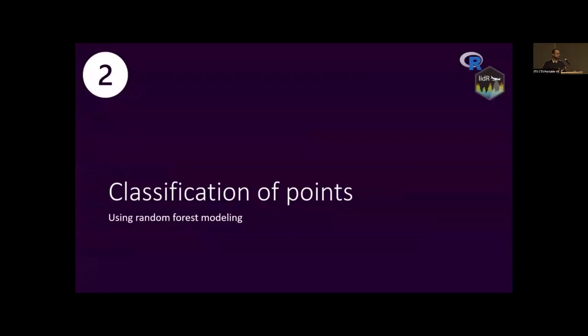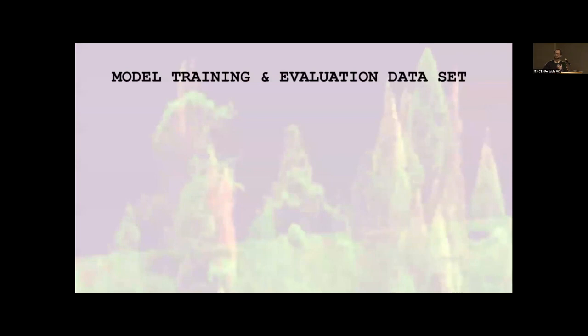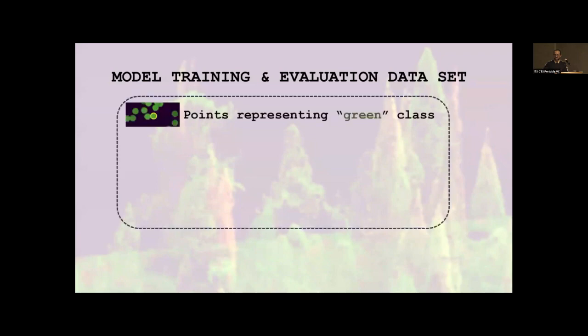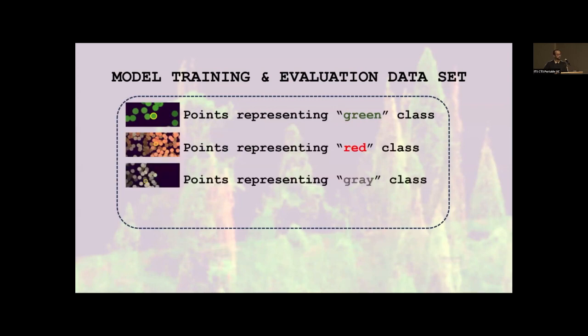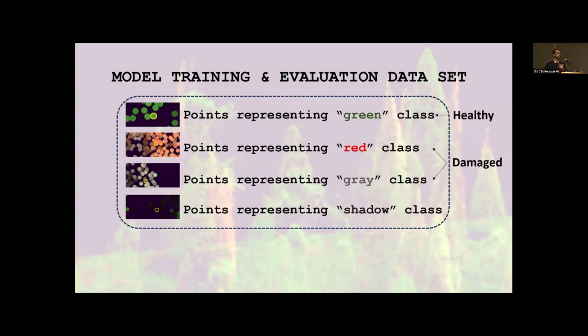The second, and more novel approach, is the classification of points, where I classify each individual point using random forest modeling. For the model training and evaluation, I had a data set of points that represented the green class, points that represented the red class, gray, and points that represented the shadow class. The green class represents the healthy points, the red and gray represent the damaged points, and shadow is shadow.